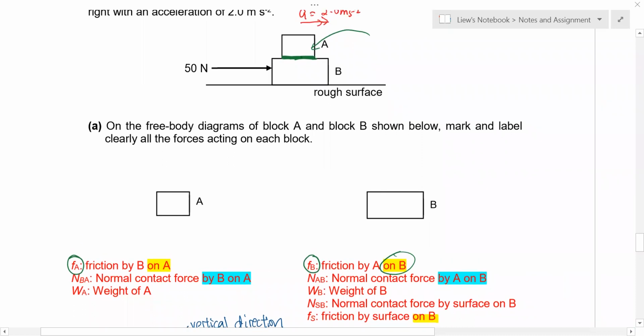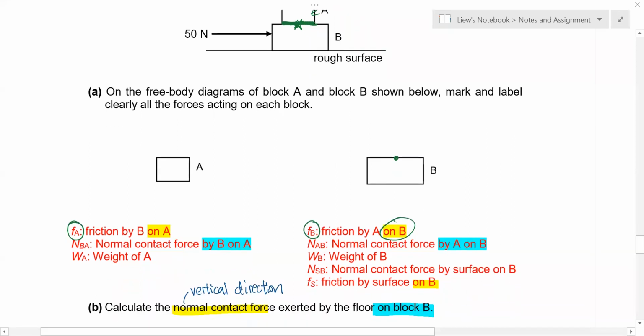Since A is in contact with B, A should also exert a normal contact force by A on B, originating from this contact surface and pointing away from that surface. B will have its own weight.